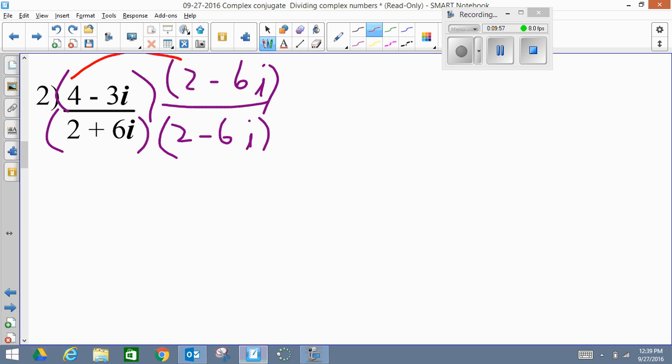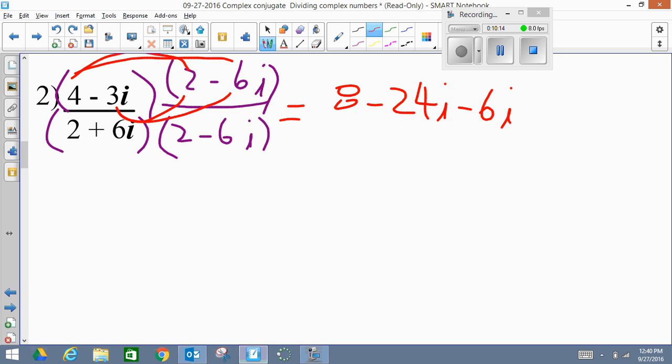Okay, so let's start multiplying. Let's use red. 4 times 2, 8. 4 times negative 6i, negative 24i. I did the first term. Same thing with the 3. Negative 3i times 2 is negative 6i. Negative 3i times negative 6, positive 18i squared. Remember, i times i is i to the second power.